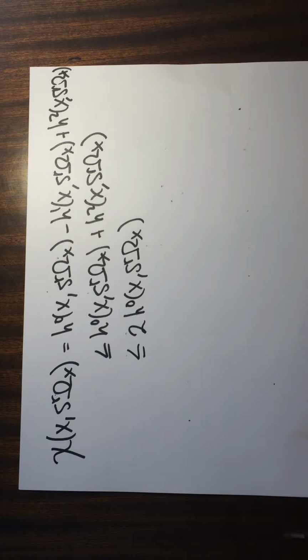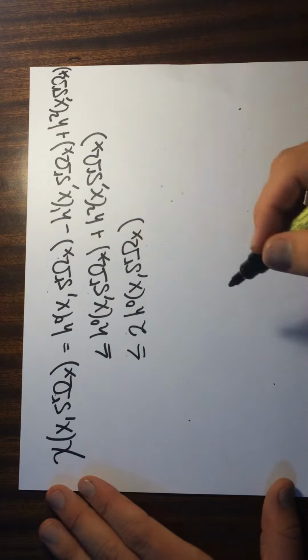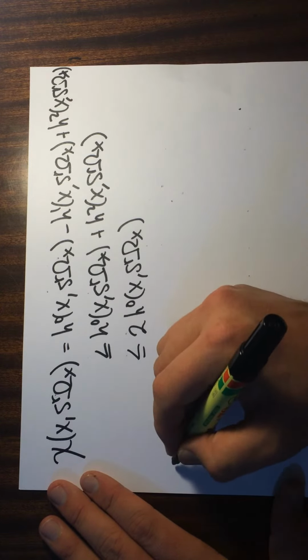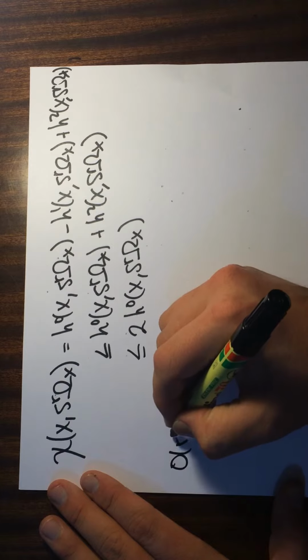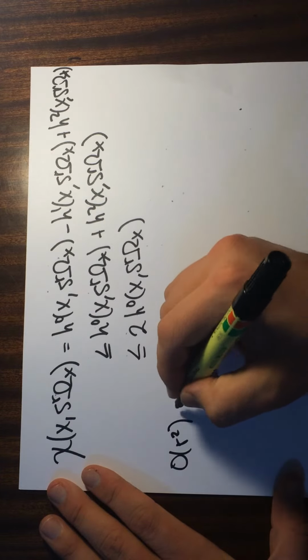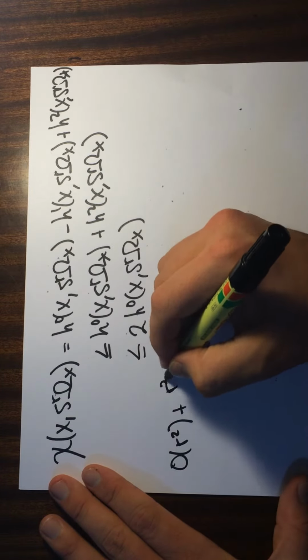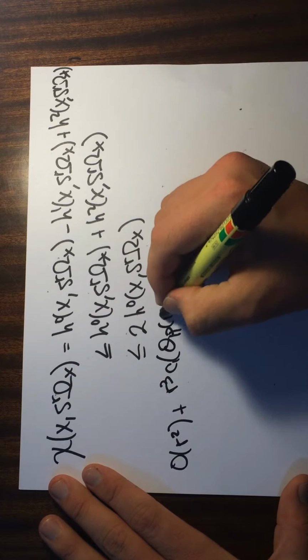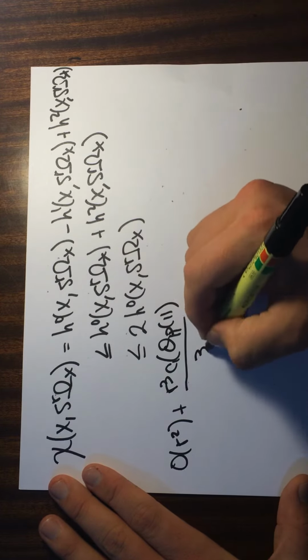And so combining these two things, we have a lower bound for this. So we have that O of R squared, plus this R cubed C1 of O of P1 here over 3 factorial.